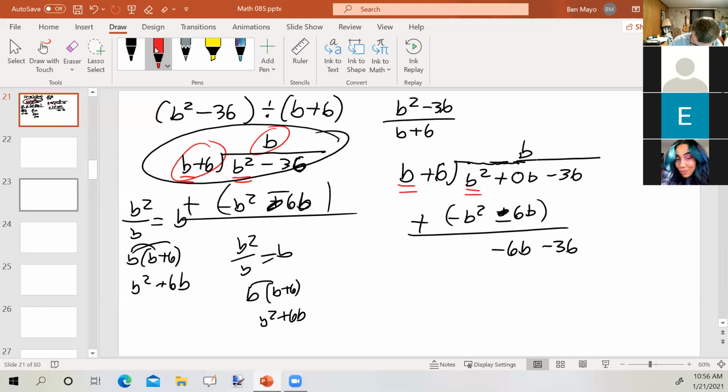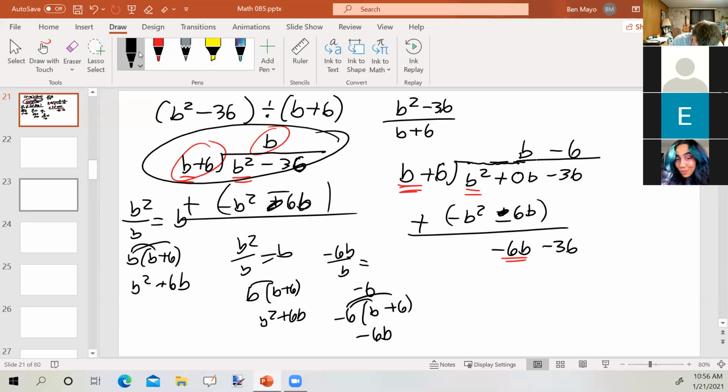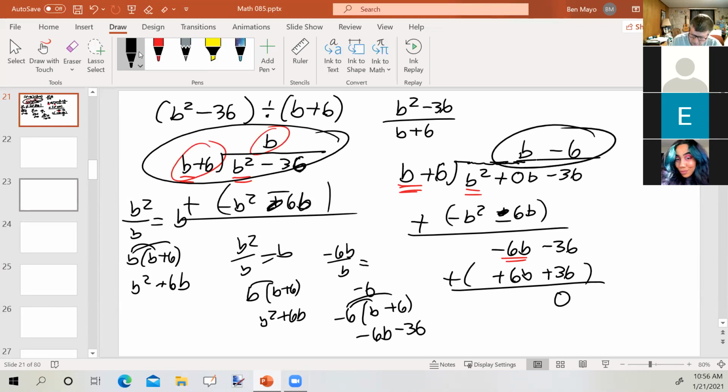So now, leading term divided by leading term, negative 6b divided by b is negative 6. Minus 6 times b plus 6, negative 6b minus 36. Subtract that from what's up above, change it to addition of the opposite, 0 remainder. So there's the final answer.